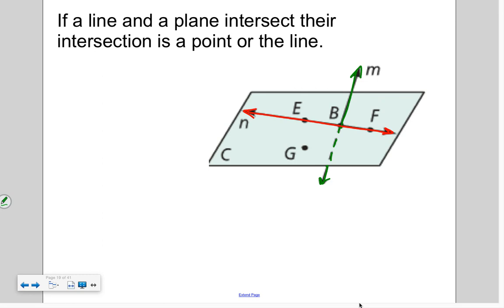That's because this line is above the plane, and then it goes through the plane at point B. So the intersection of line M and plane C here is point B. It's just this 1 point right here. And we like to say that it pierces the plane. It's like an arrow passing through a sheet of paper.